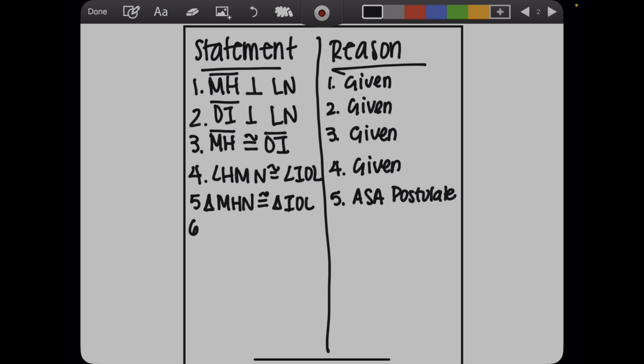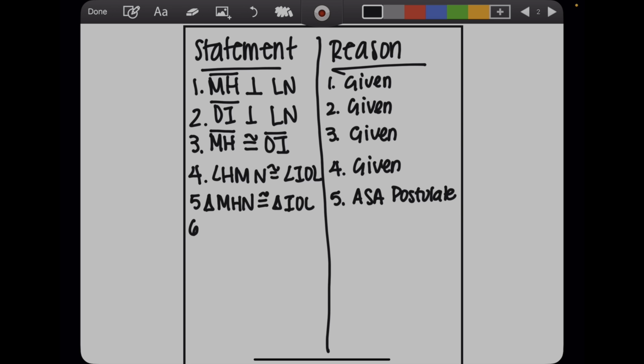We have segment MN being congruent to segment OL, and that would be because the corresponding parts of congruent triangles are congruent.